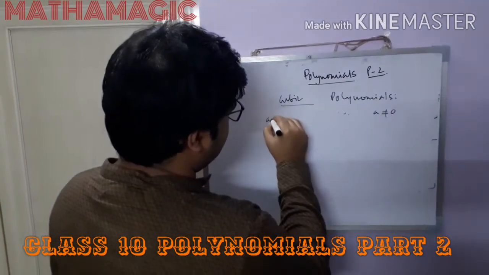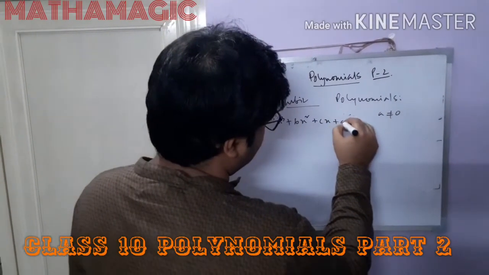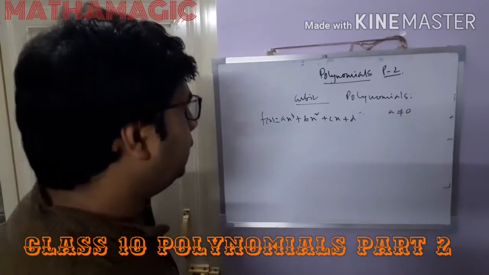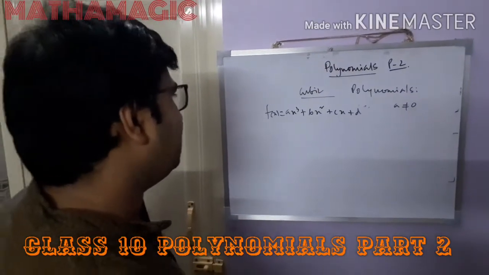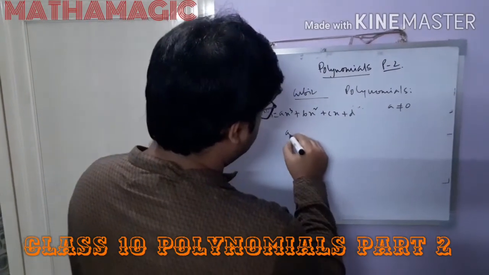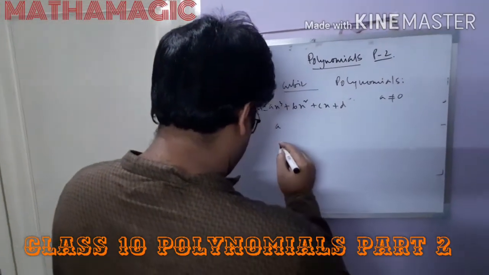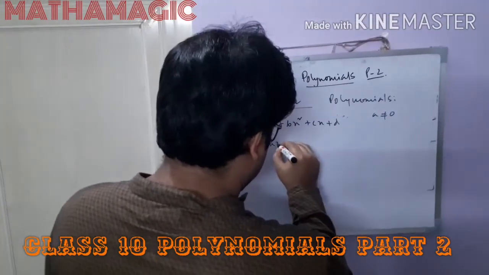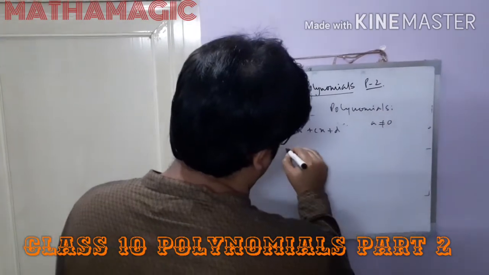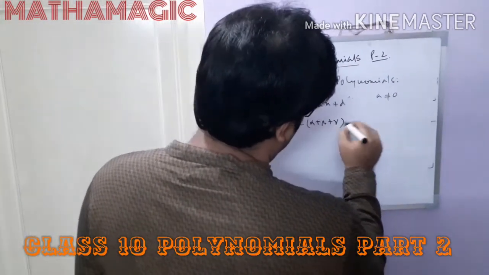In case of a cubic polynomial, the equation states ax cube plus bx square plus cx plus d, where f of x equals this, where a is not equal to 0. In case of a cubic polynomial, the thing remains the same. We will write it once again: x cube minus alpha plus beta plus gamma.